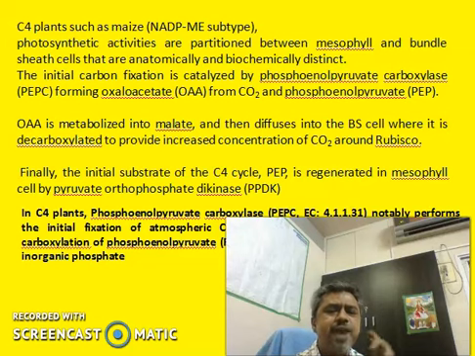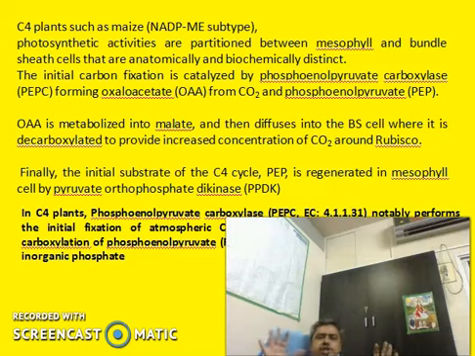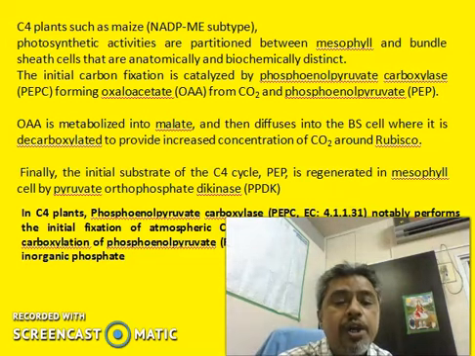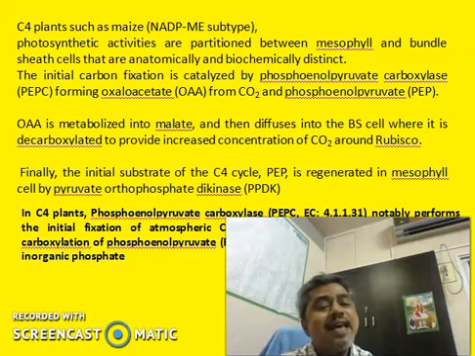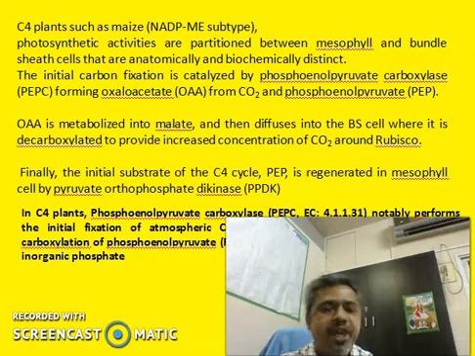C4 plants such as maize, NADP-ME subtypes. Photosynthetic activity is partitioned between mesophyll and bundle sheath cells that are anatomically and biochemically distinct. Initial carbon fixation is catalyzed by, as I said previously, phosphoenolpyruvate carboxylase, PEPC, forming oxaloacetate from CO2 and PEP.